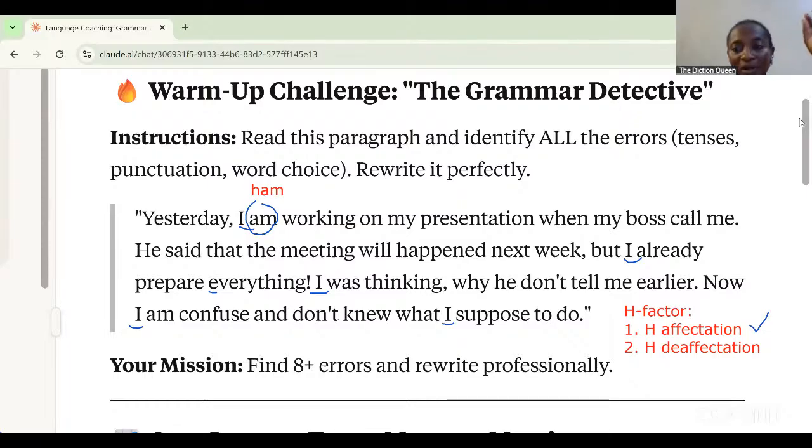So for the present tense, we're starting with the simple present tense. This talks about everyday action, things that you do regularly, like sleeping at a particular time, working at a particular time, eating, things that you do regularly.